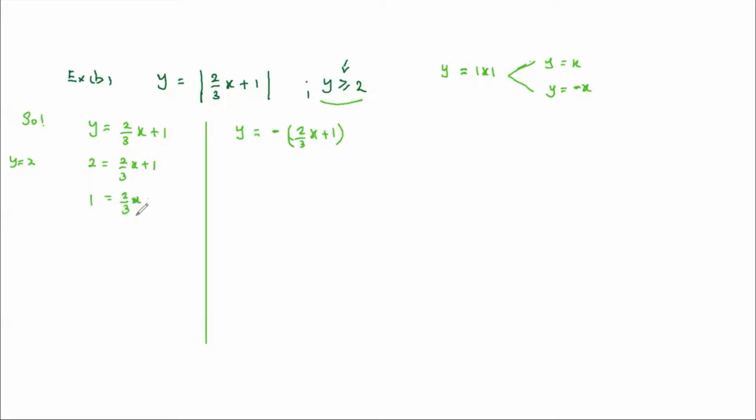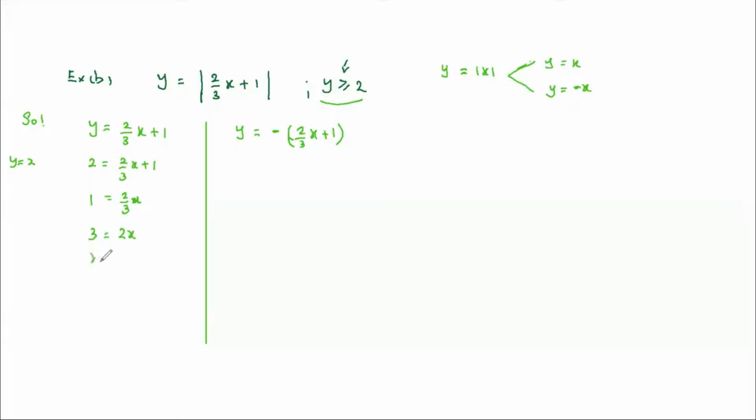Now you simplify to get the value of x. Cross multiply, or multiply by the LCM, which is 3, on both sides. So 3 times 1 becomes 3, equal to 2 over 3x times 3; cancel, you are left with 2x.